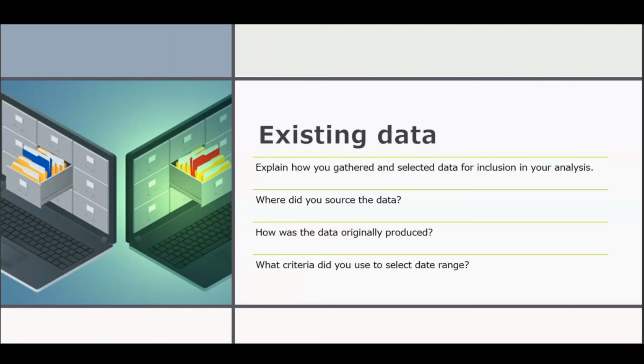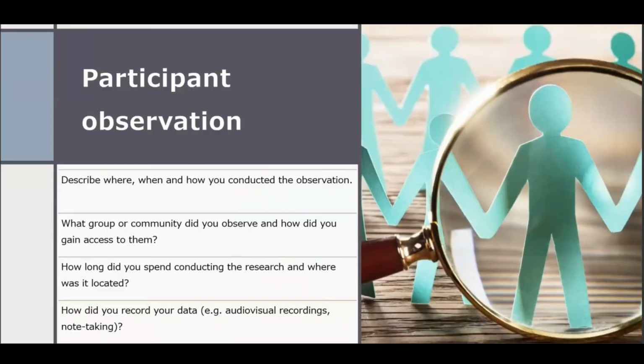And what criteria did you use to select the data range? Because there may be lots of data available in the organization or in the data store, and you are just using part of it, therefore you need to justify why only this part of the data was used for developing the study.